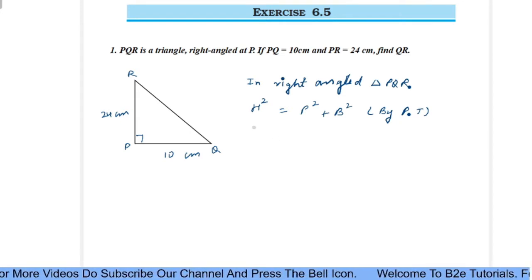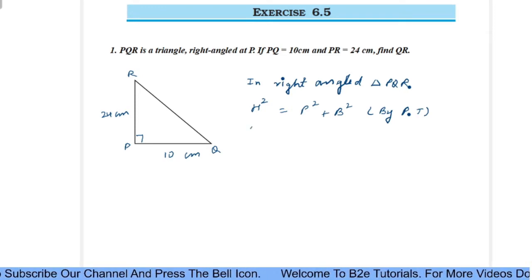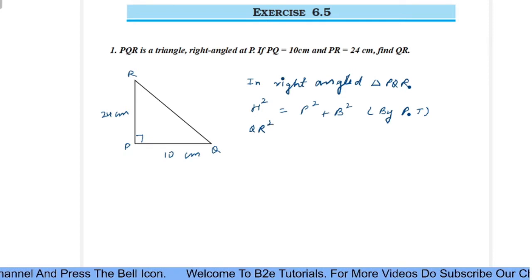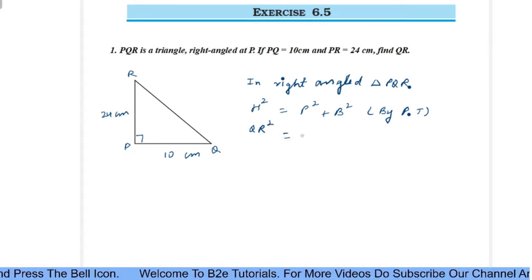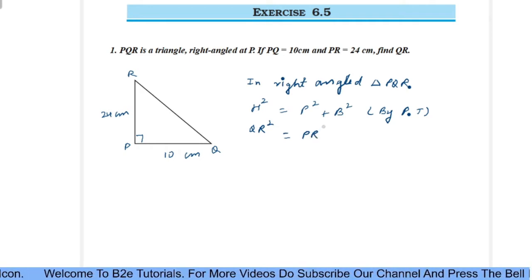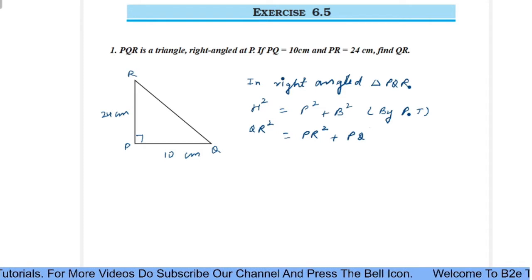Now hypotenuse, it is QR. It can be written as QR square equal to perpendicular. Here is PR. PR square plus base, it is PQ square.